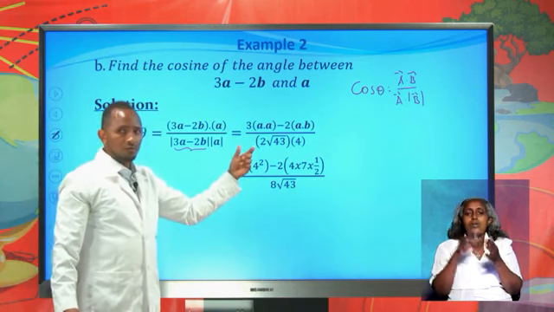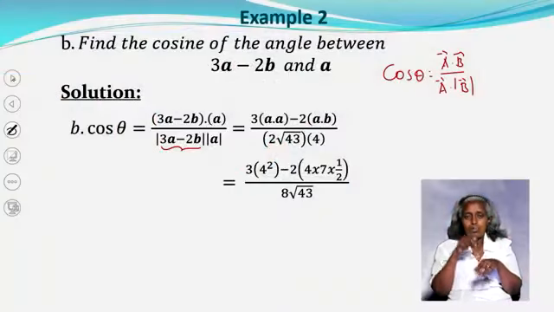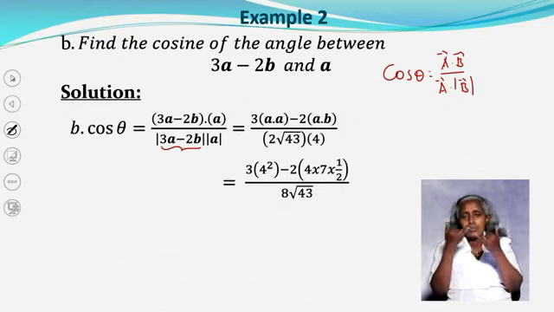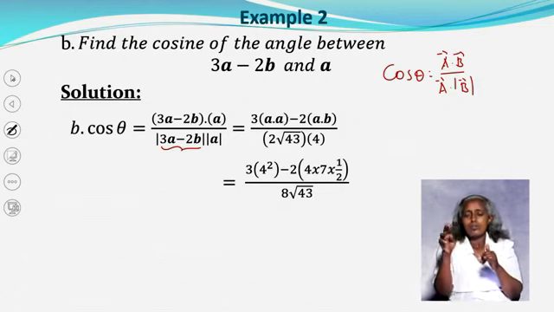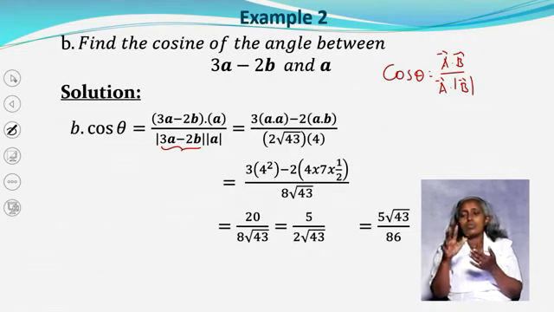This is 4 squared, magnitude of a is 4, minus twice a dot b, which means magnitude of a, magnitude of b, cos theta. Magnitude of a is 4, magnitude of b is 7, cosine of theta, pi over 3, is 1 over 2, divided by 8 root 43. Therefore, when you compute this, you get 5 root 43 over 86.